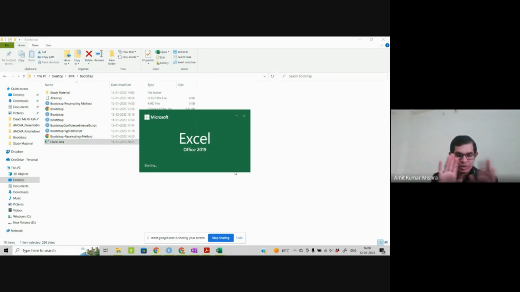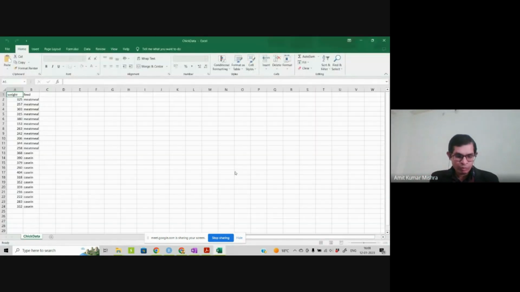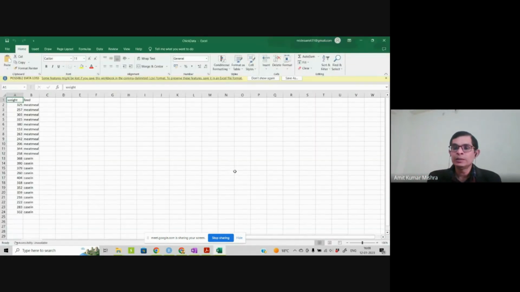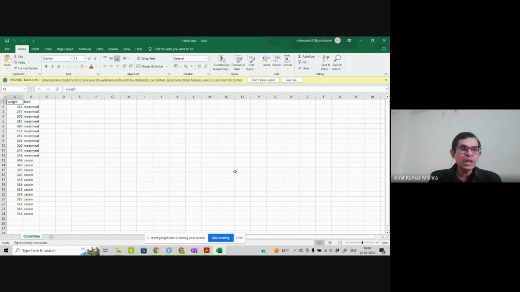First, I am discussing the theory part, then we'll go towards R, because when you understand the theory, running code is not very difficult. So this data contains weight.